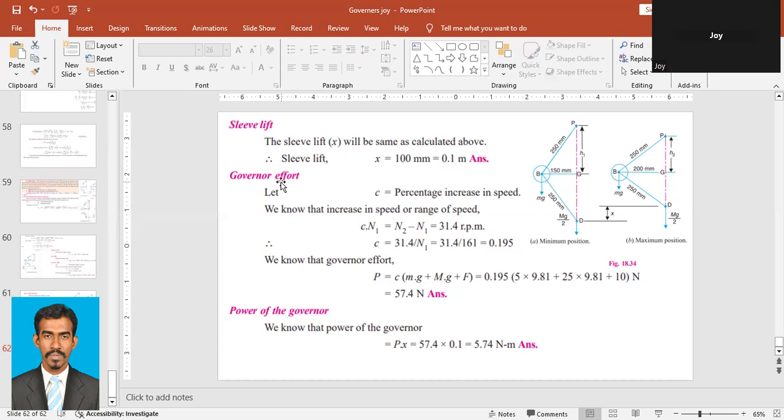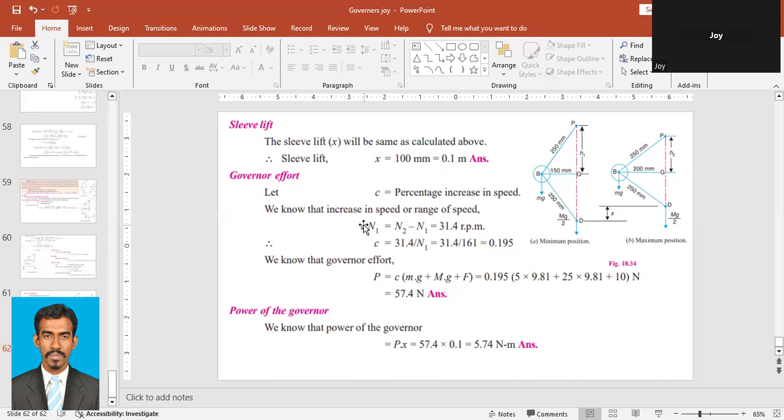Governor effort. Let's see percentage increase in speed. For the governor effort, we know the speed N1 and we know the speed N2, but we don't know C, the percentage. So we have to find C. C into N1 is equal to N2 minus N1.